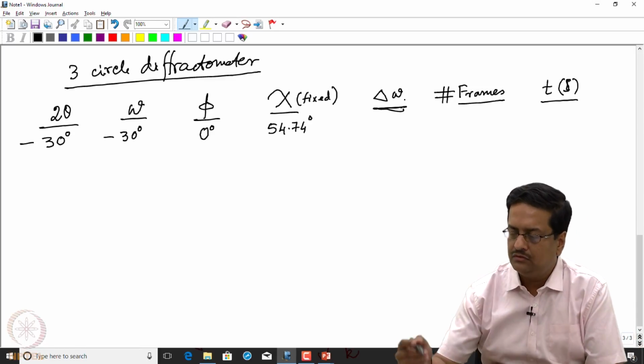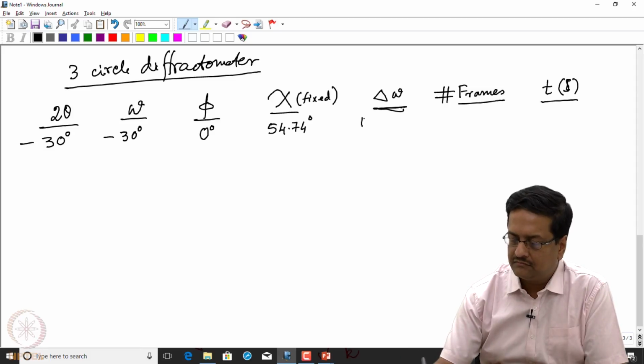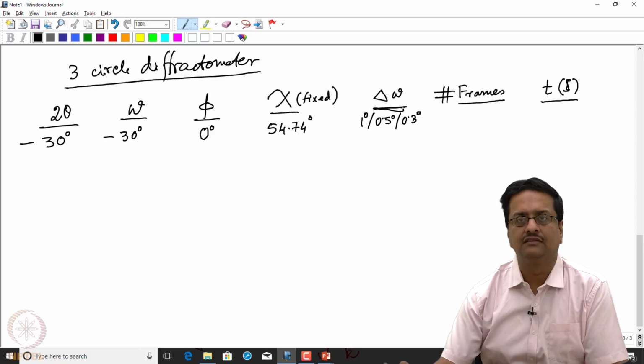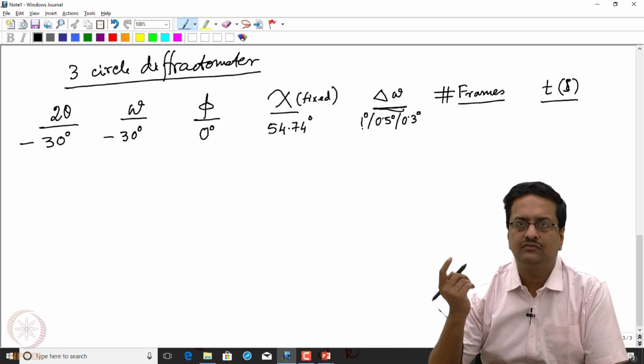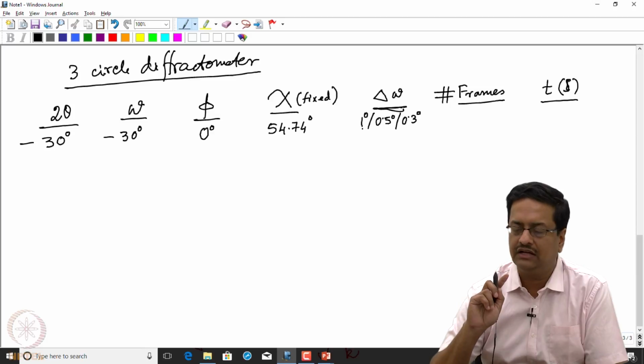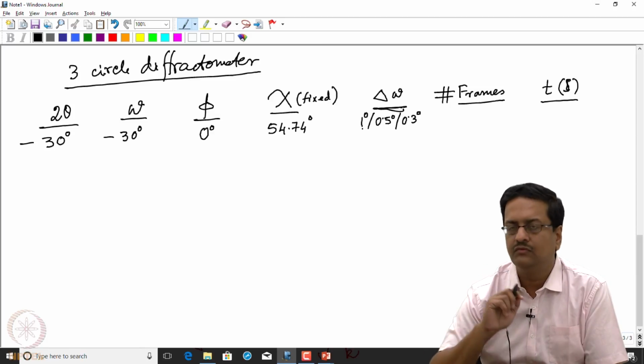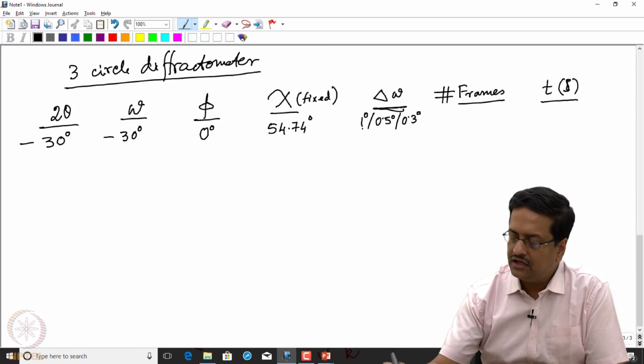This delta omega can be 1 degree, can be 0.5 degree, can be 0.3 degree or even smaller. So, if we move omega by 1 degree for every image to be recorded, and if we want a 180 degree rotation of omega with steps of 1 degree width, then I would need to record 180 frames.